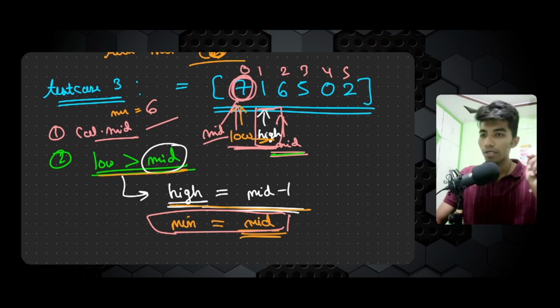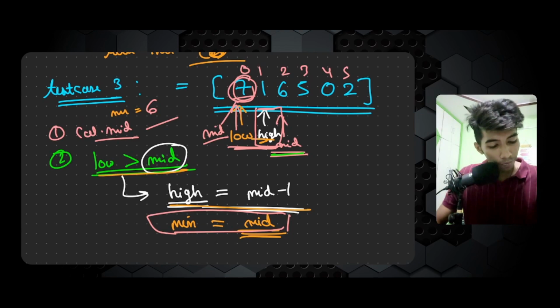Now guys, it's very clear. We will again check for the 7 to be the same, but they will not be the same. Now the case is where my mid and high are on the same point. Right now my high is on the 1, my low is on this, and my mid is also on this particular point.